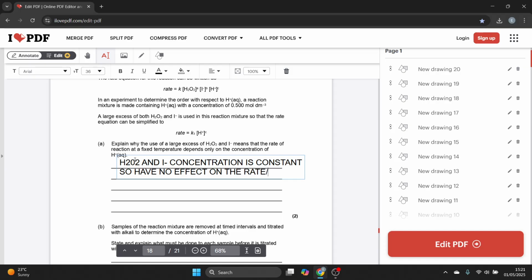Or you could say, so is zero order. Whatever you prefer. H2O2 and I minus concentration constant, therefore no effect on the rate, or zero order.